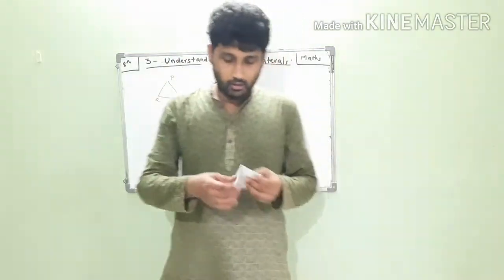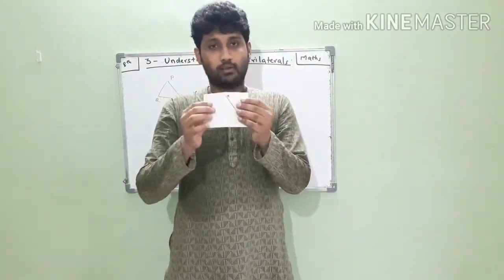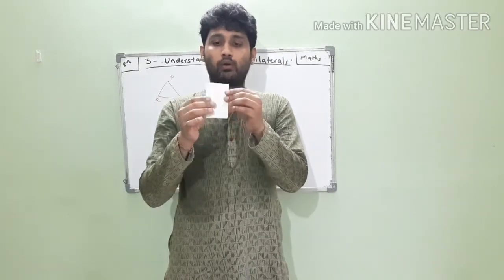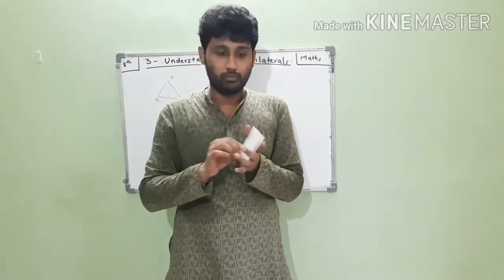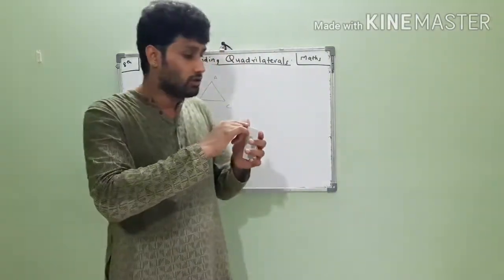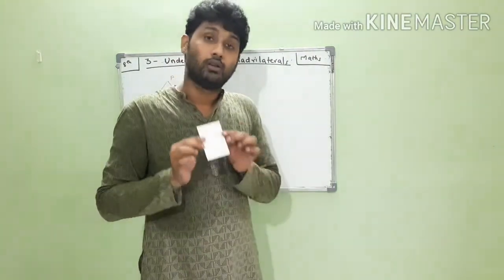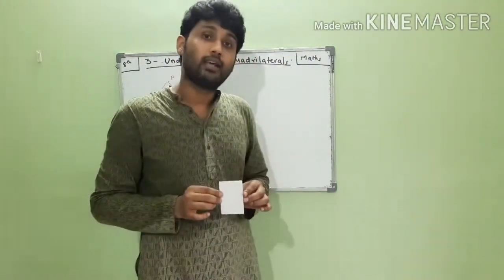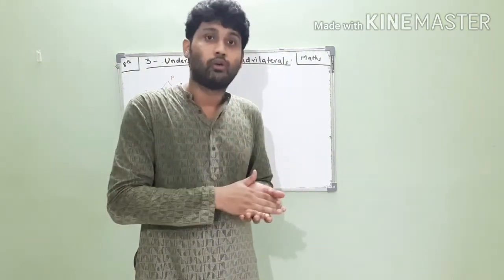For example, if I cut this paper in 2 parts and I put one part over the other, will you see the other part behind it? You will not, because the 2 parts are exactly equal. They are equal because all the sides are equal, all the angles are equal. Such shapes are called congruent shapes, in which there is full overlapping.